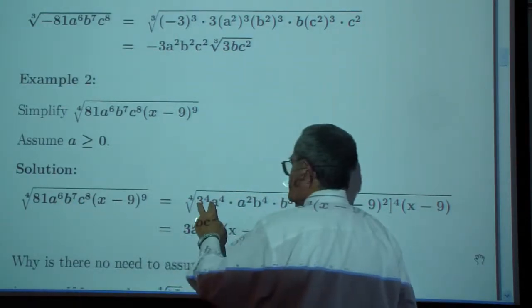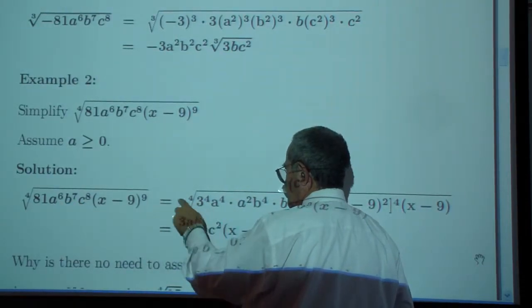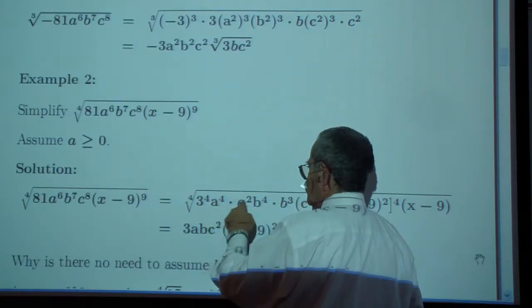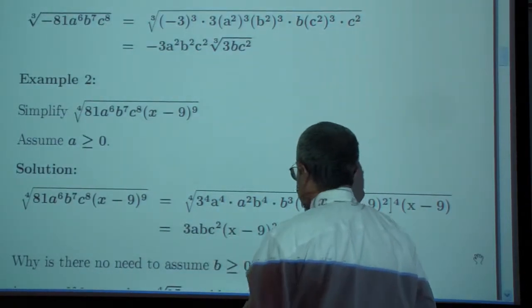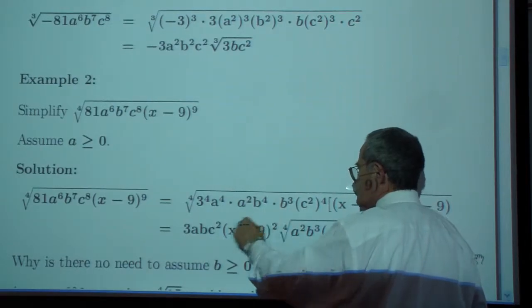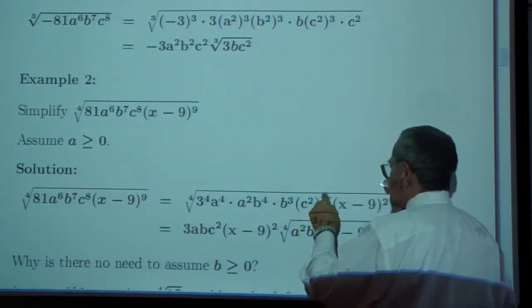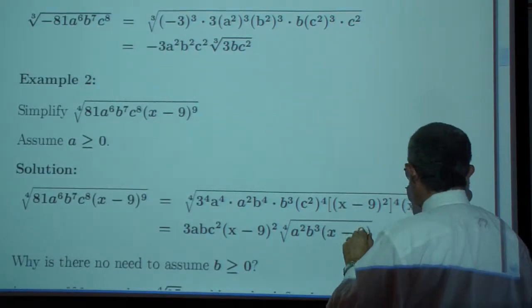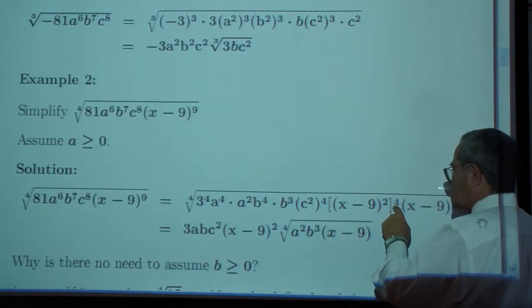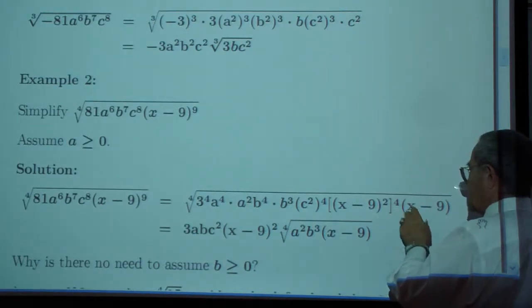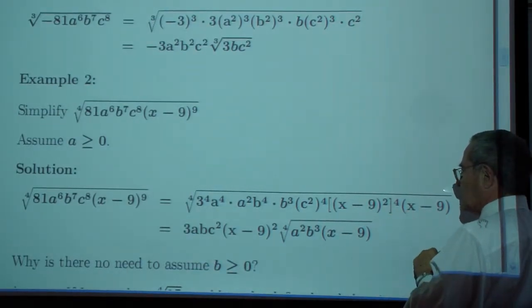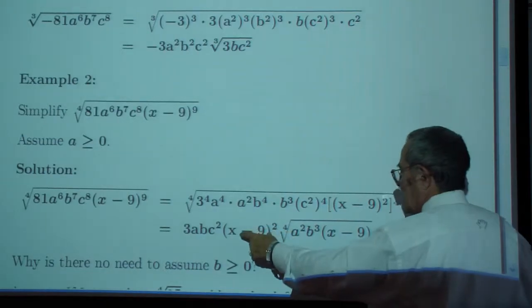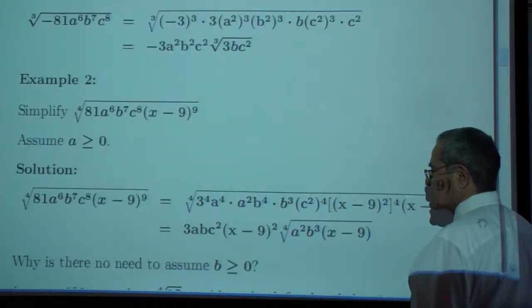The fourth root of 81 a to the 6 b to the 7 c to the 8 and the quantity to the 9. 81 is 3 to the 4, 3 comes out. A to the 4 times a squared, a comes out. B to the 4 times b cubed, b comes out. C squared squared comes out. The quantity to the 9 is quantity squared to the power 4, and then one quantity left by itself. So this will come out as x minus 9 quantity squared.